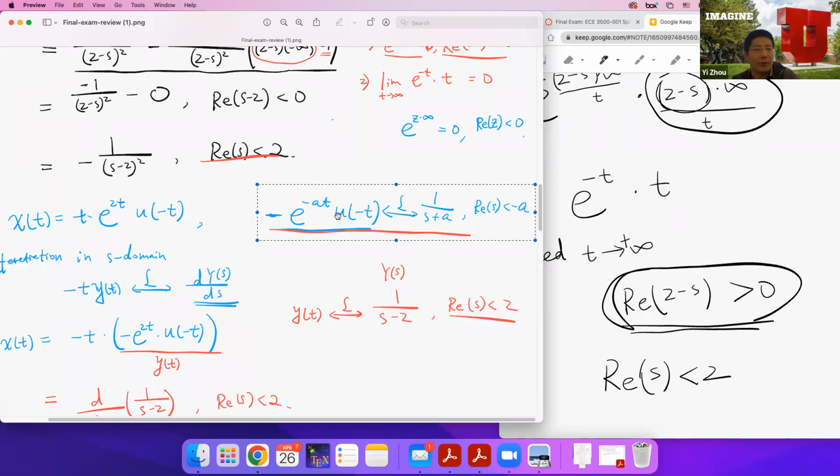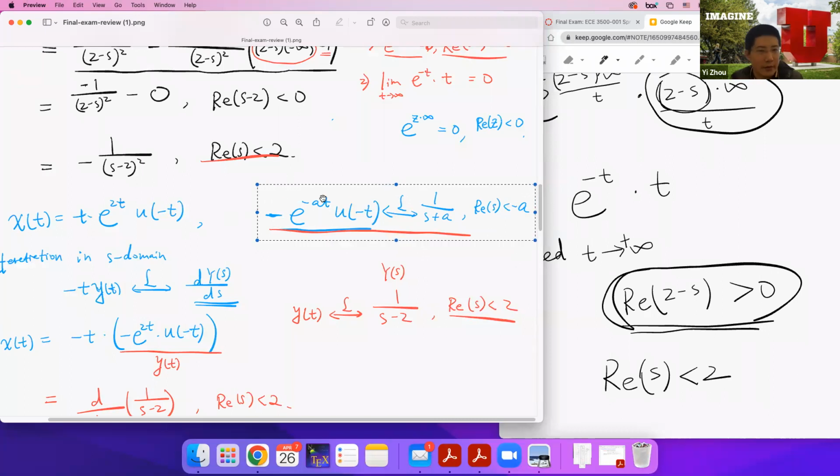Because the signal has u(-t), we need to look at the second example, which is negative e to the power of negative at times u(-t). For such a left-sided exponential signal, the Laplace transform is given by 1 over s plus a with such a region of convergence. So this is given.